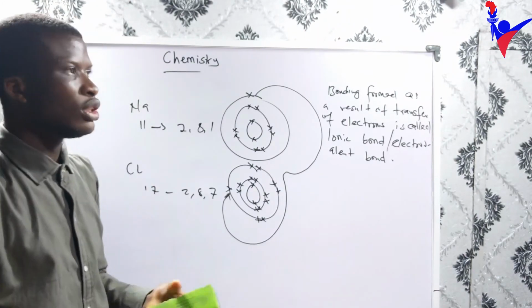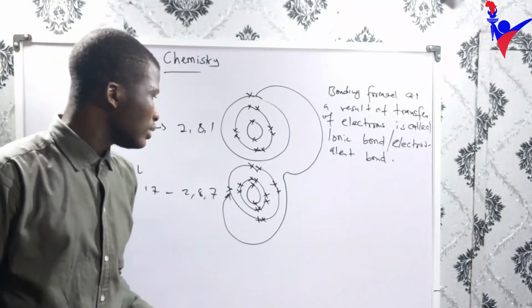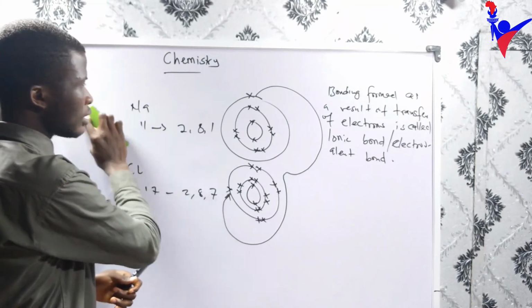Back to the question: list 3 properties of electrovalent or ionic compounds. One, let me just clean this. I believe you get it.